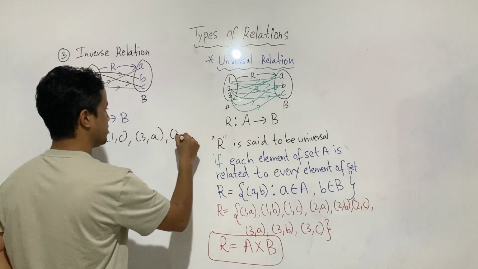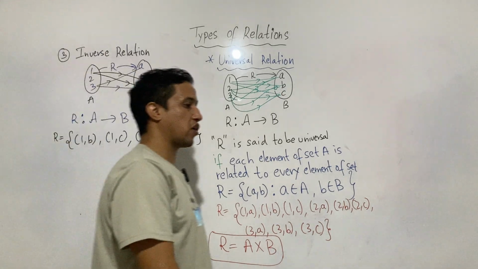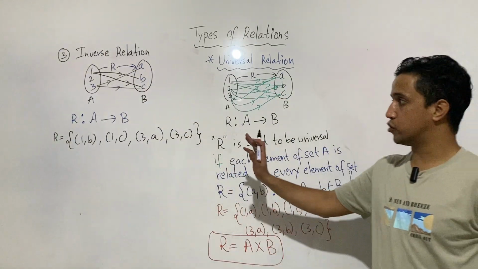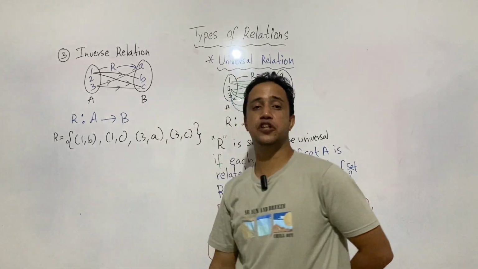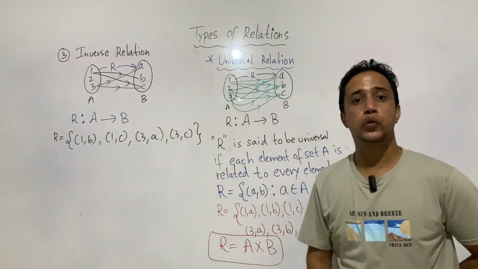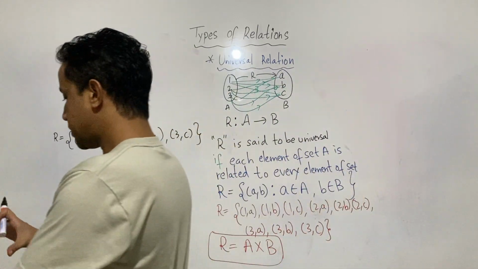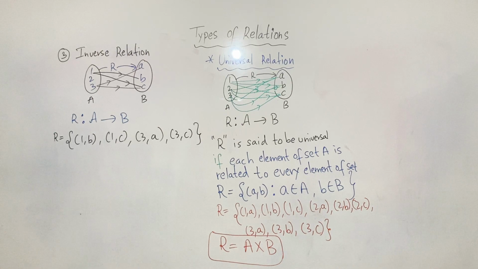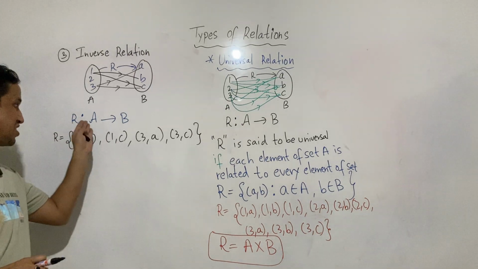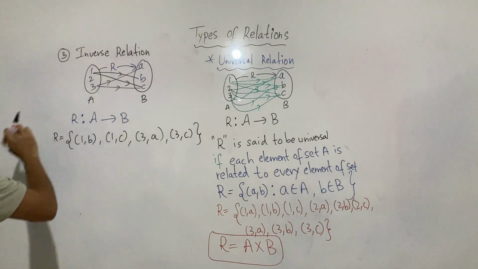I took 4 ordered pairs because these are the ordered pairs that satisfy the condition that the relation puts on these two sets.